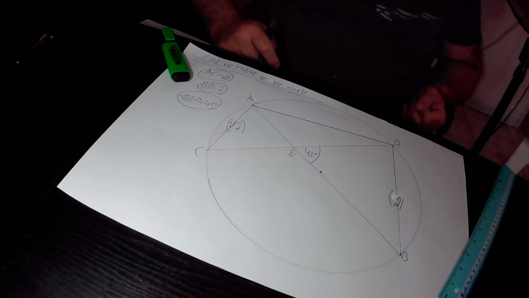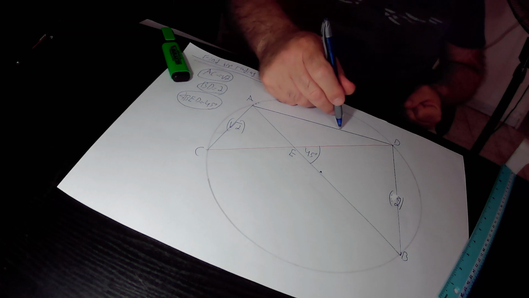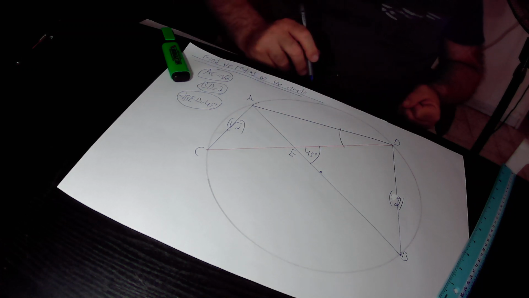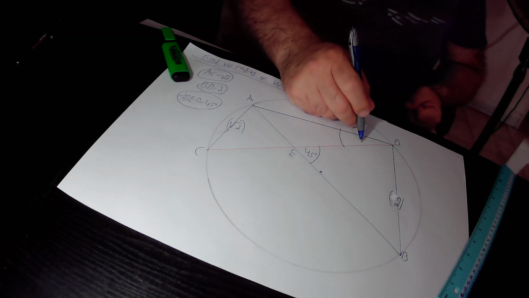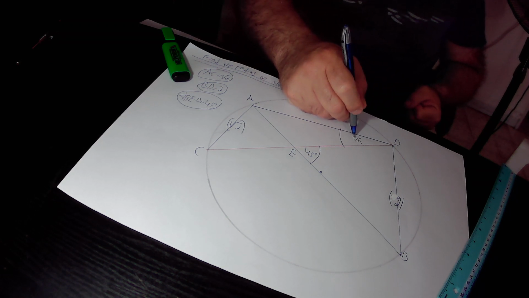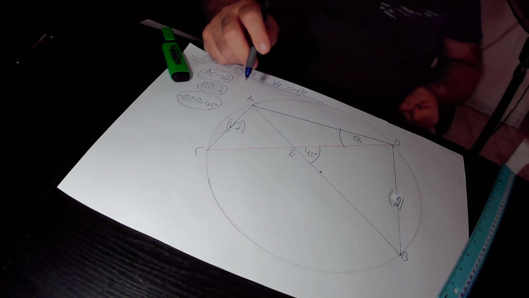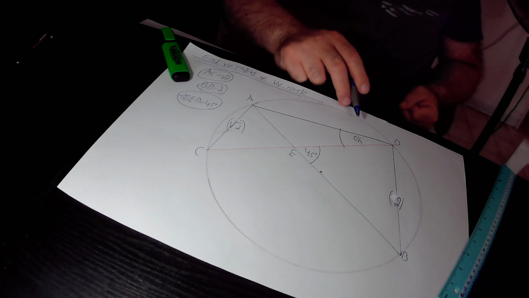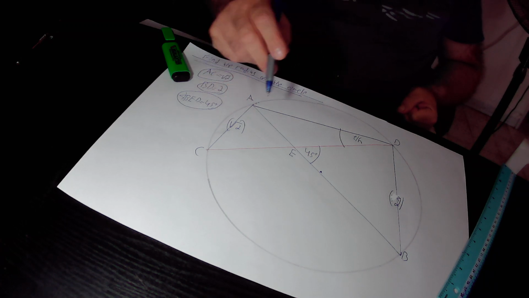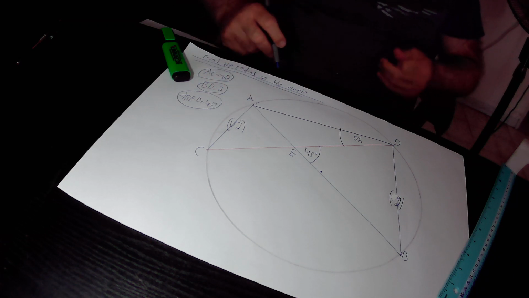We define the size of this peripheral angle ADC as y over 2. So peripheral angle ADC equals y over 2 degrees in its size. This peripheral angle ADC is subtended on chord AC.